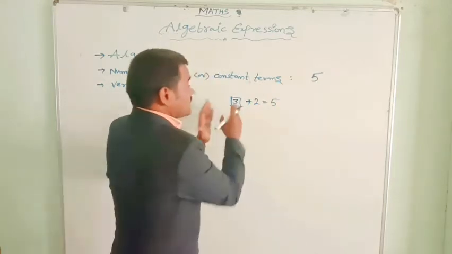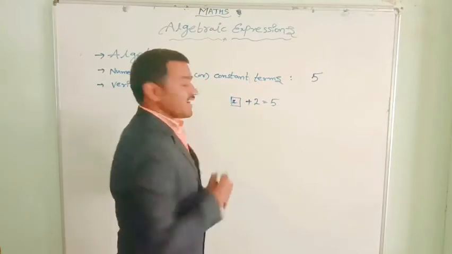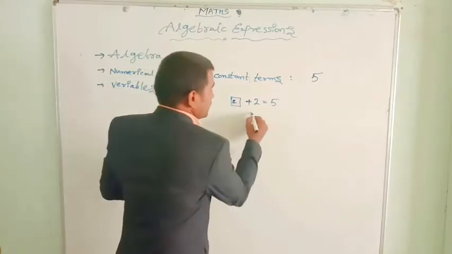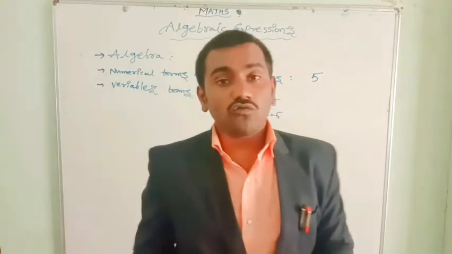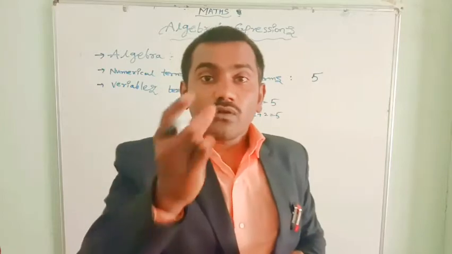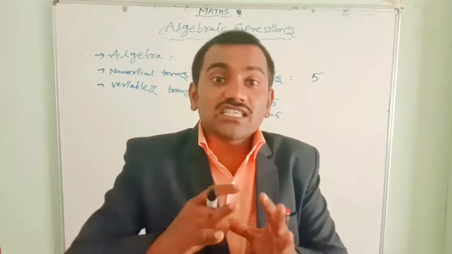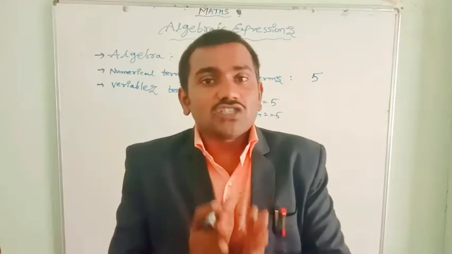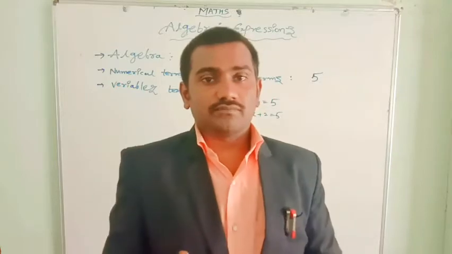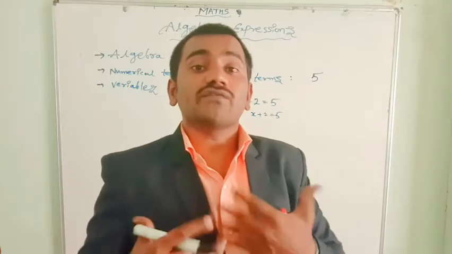So instead of this 3, if you write x, here x plus 2 equal to 5. Here x is not a constant. Here x is known as a variable because it's not constant. It changes. It always changes. It's known as a variable.